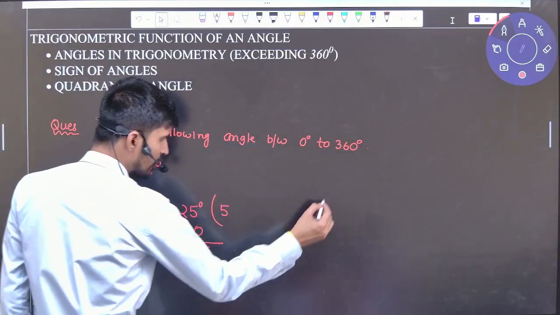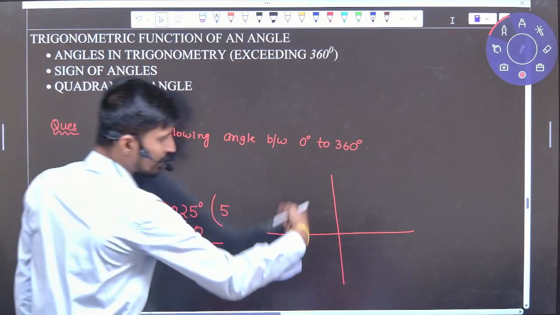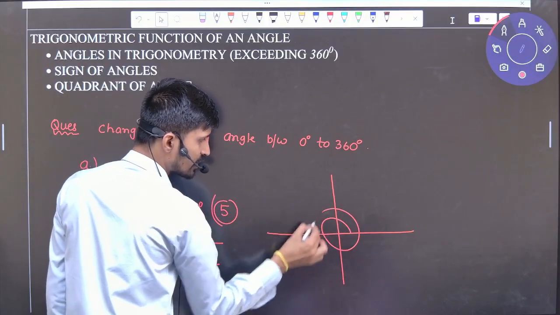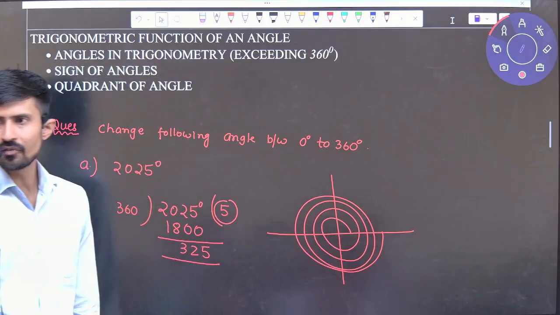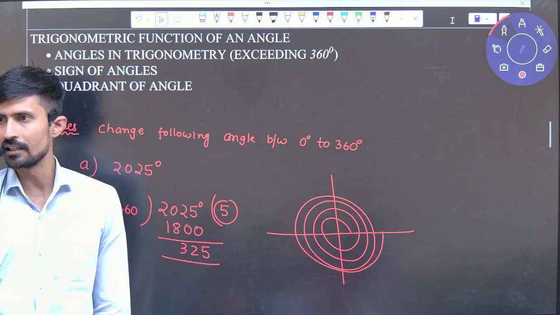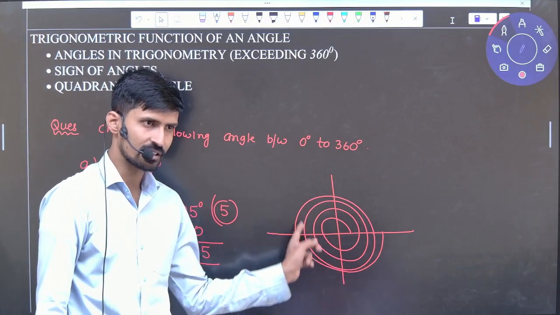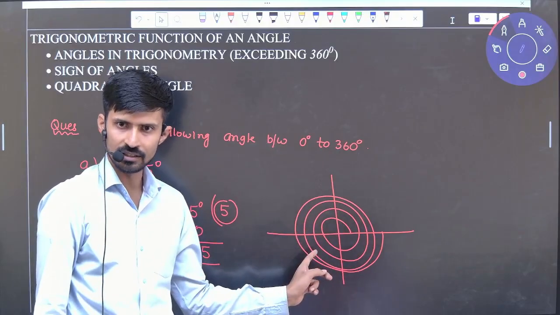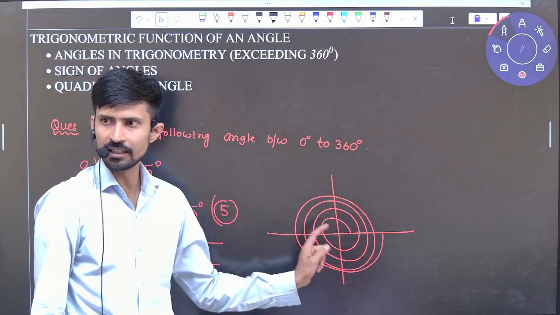What is the meaning of this total calculation? We don't know where 2025 degree is. So this 5 is saying rotate 5 times: 360, 360, 360, 360, 360. When you rotate 5 times, how much will it become? 1800 degree. 360, again 360, 720, again 360, 1080, again 360, 1440, again 360, 1800.